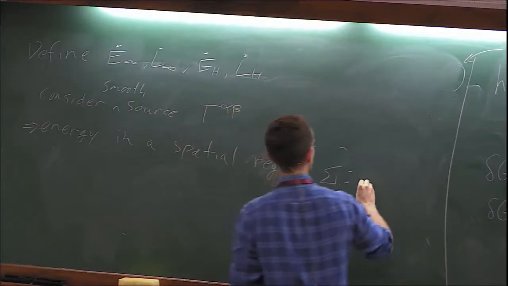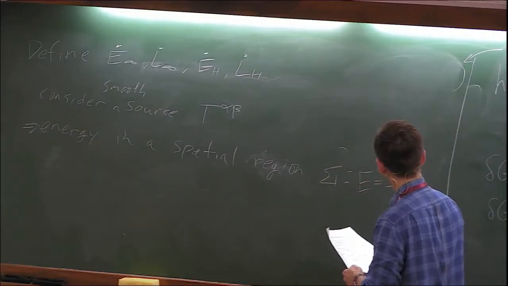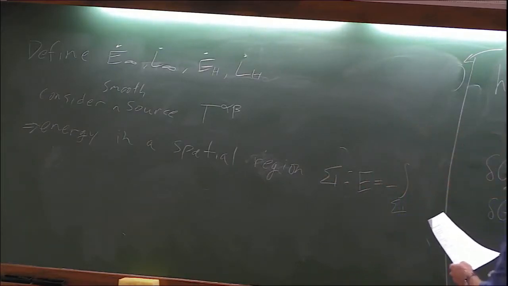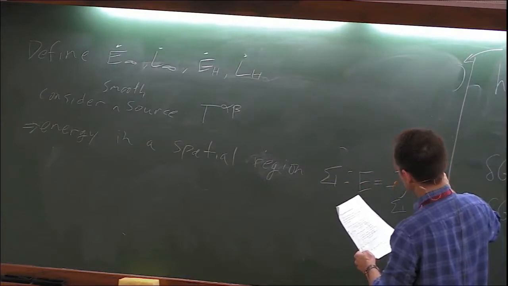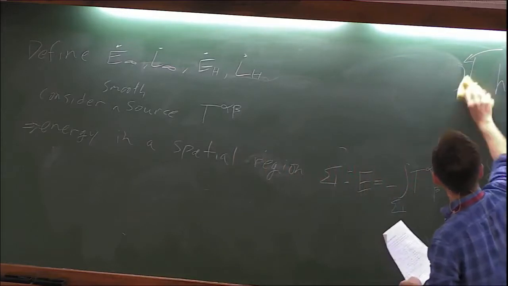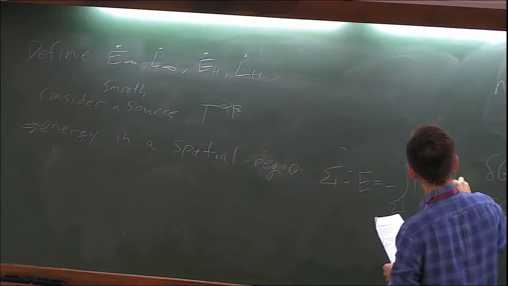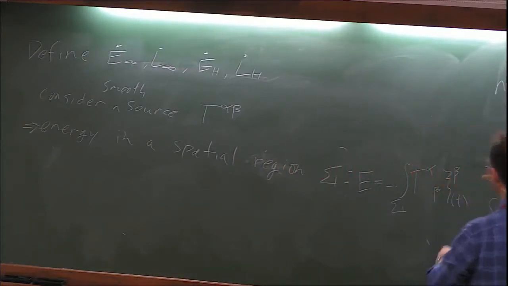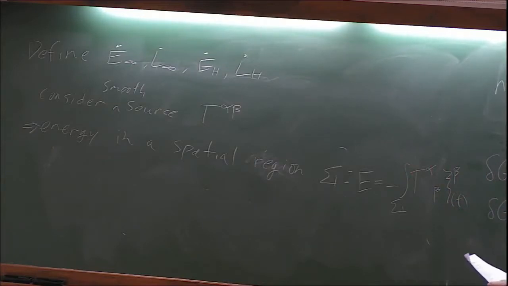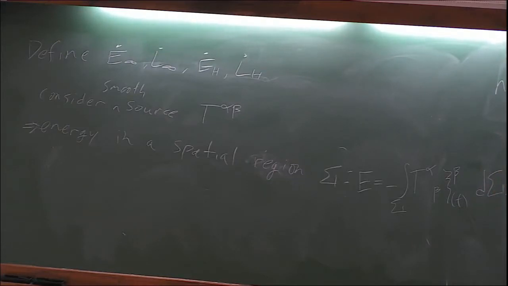The energy contained in that region is E equals minus the integral over that region of T alpha beta contracted into Z beta of T. This is the time-like killing vector. And then a directed surface element, d sigma alpha.